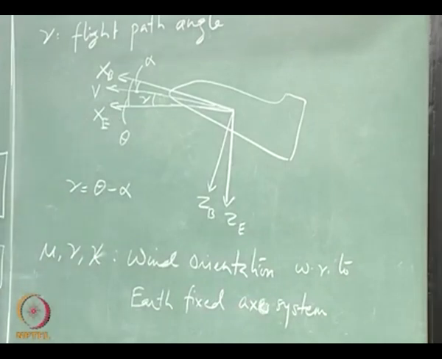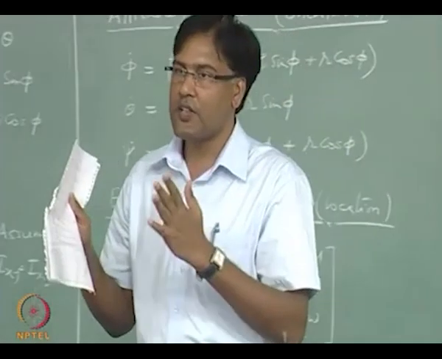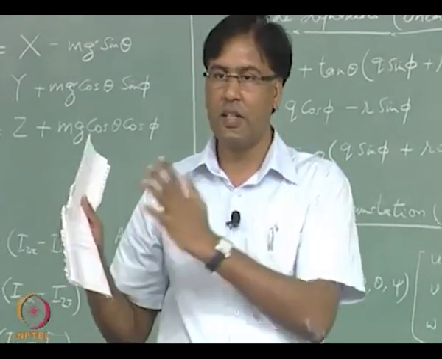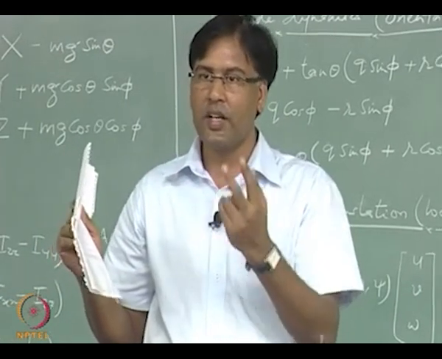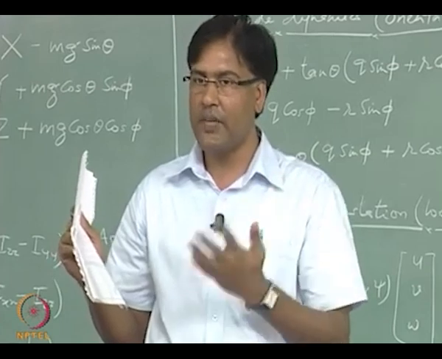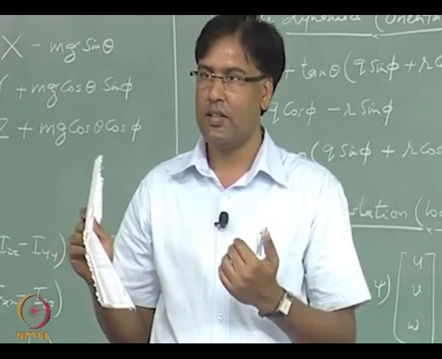Right. How do you find the relation now between the components of a vector in earth fixed axis system and components of the same vector in the wind fixed axis system? How do you find the relation? You already know the relation between the components of vector in the body fixed axis system and the earth fixed axis system, right. You have to include 2 more rotations which will include the angles alpha and beta, right.